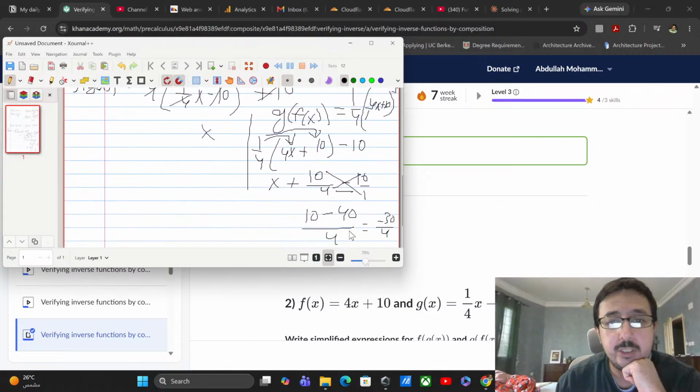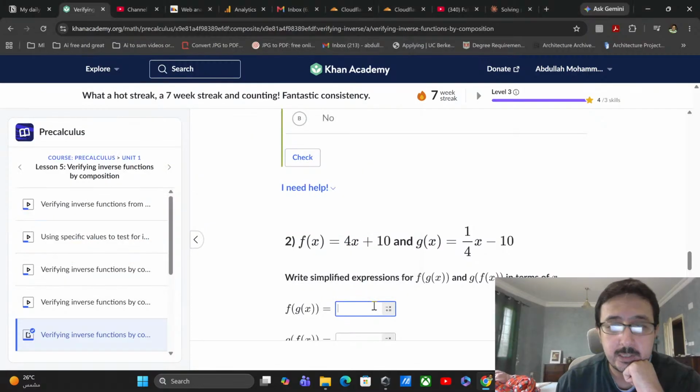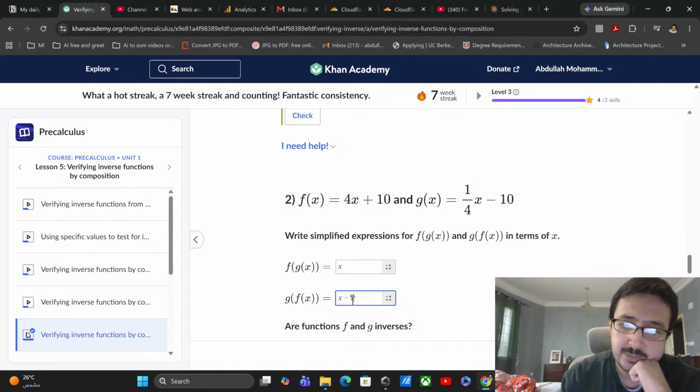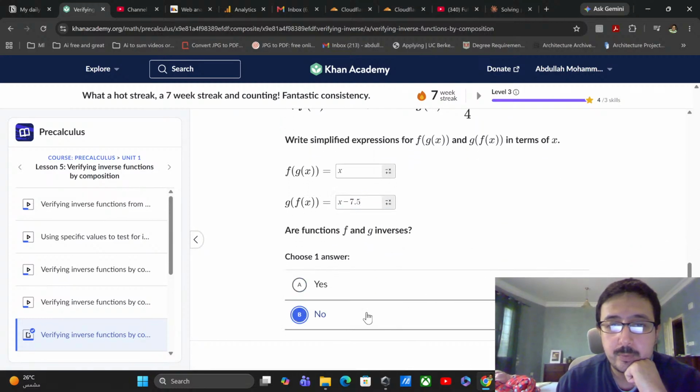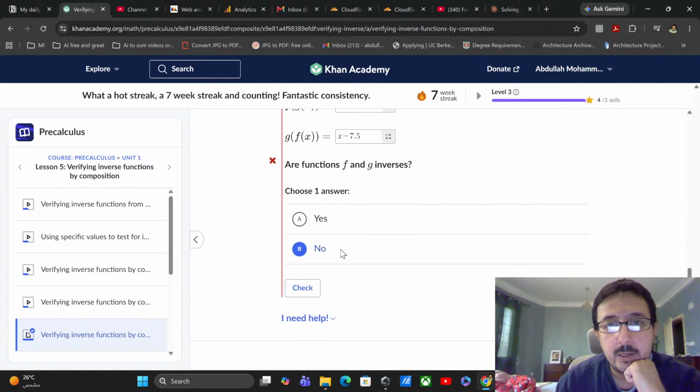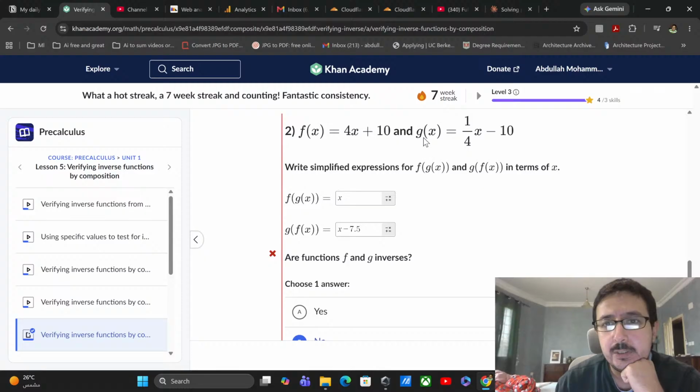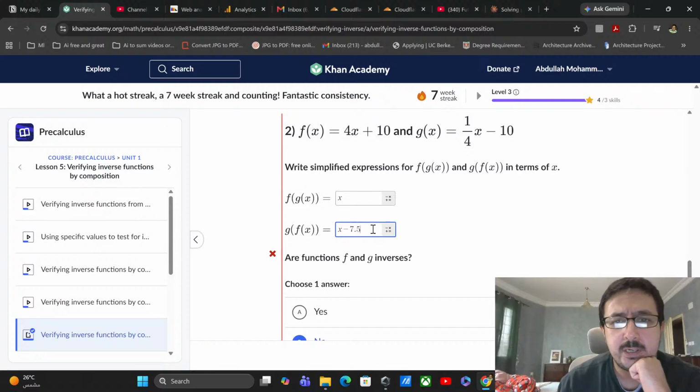What is this? f of g of x, I got x. And here I got x minus, let's say, 7.5. Check. What is this? g of f of x. Are you saying it's the same?